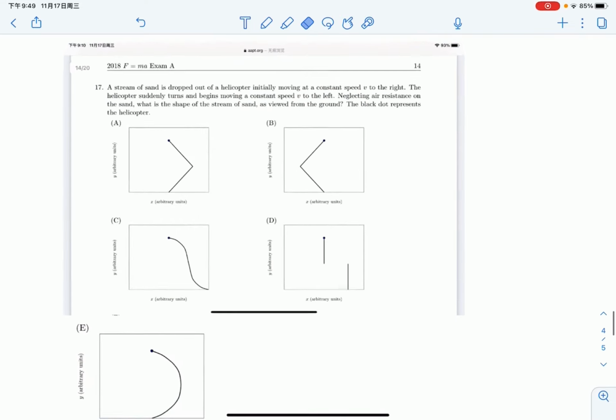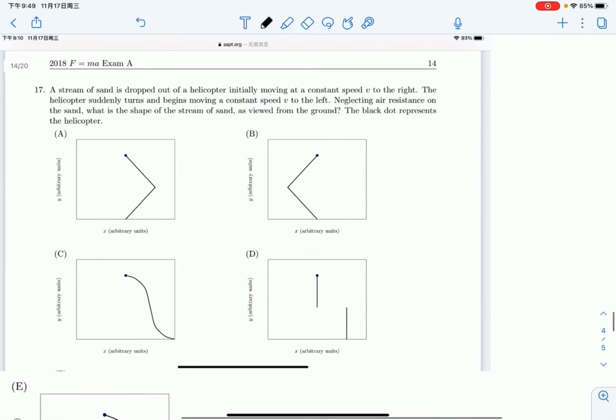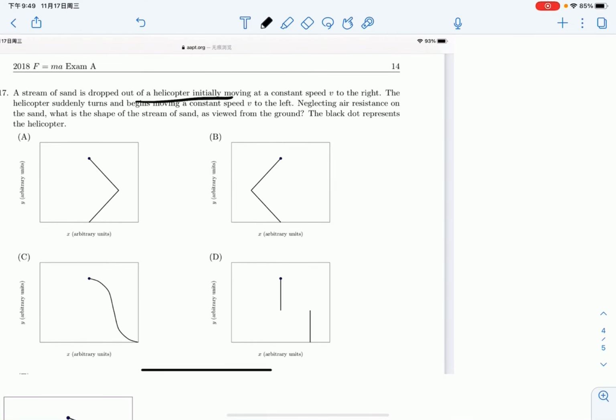And for question 17, a stream of sand is dropped out of a helicopter initially moving at constant speed v. So in the frame of the helicopter, the sand is just going straight down.